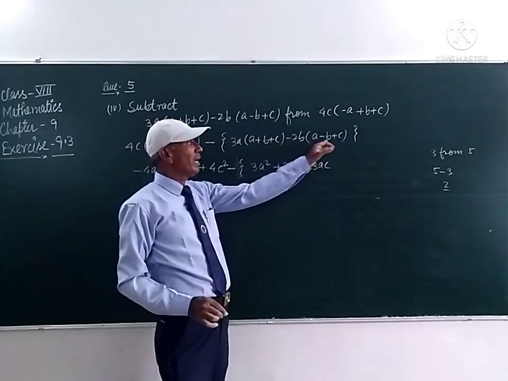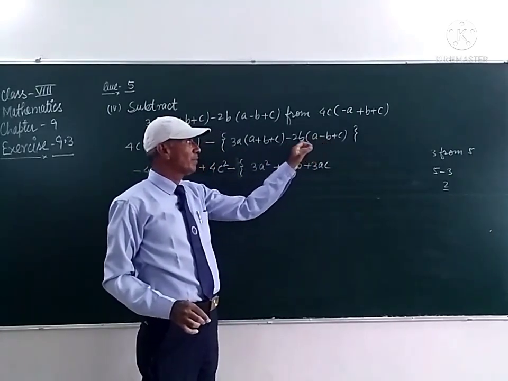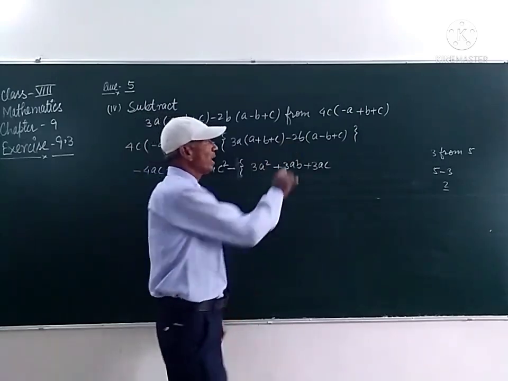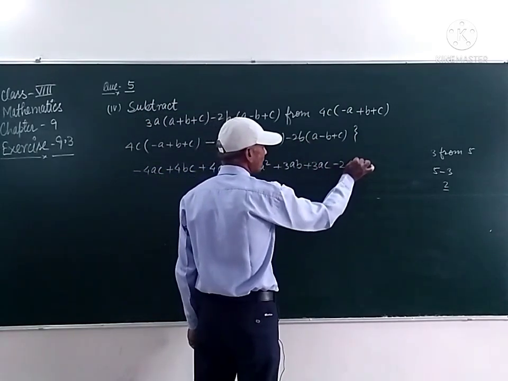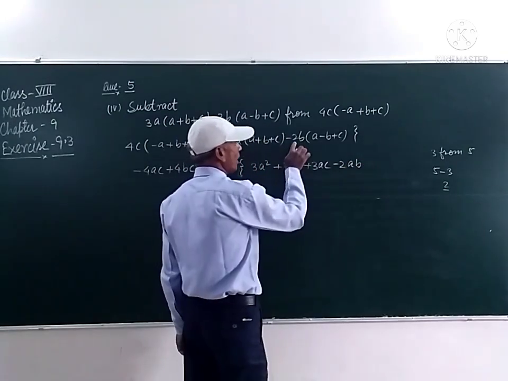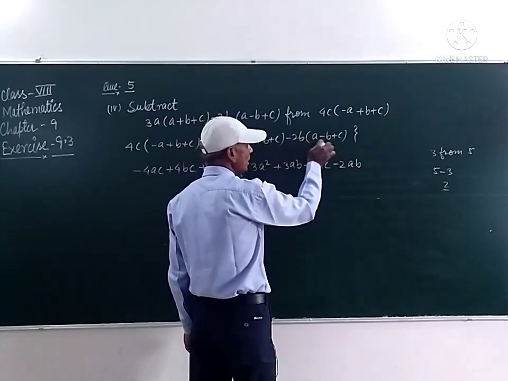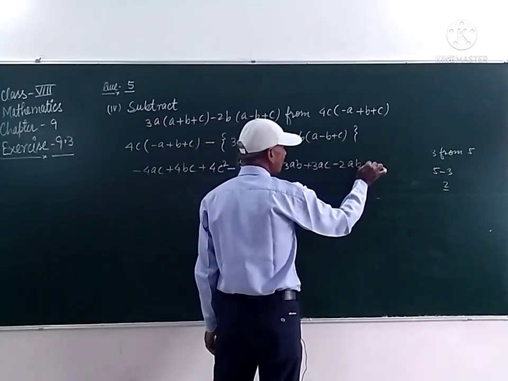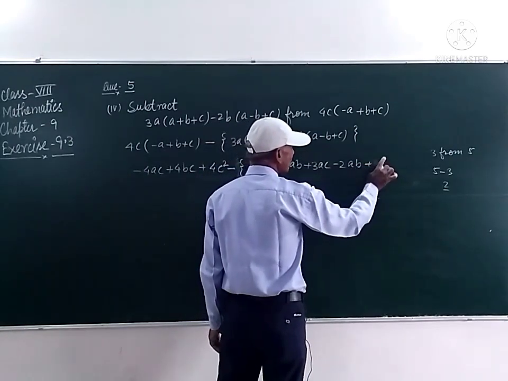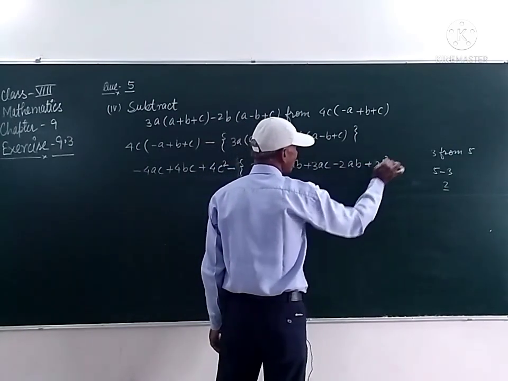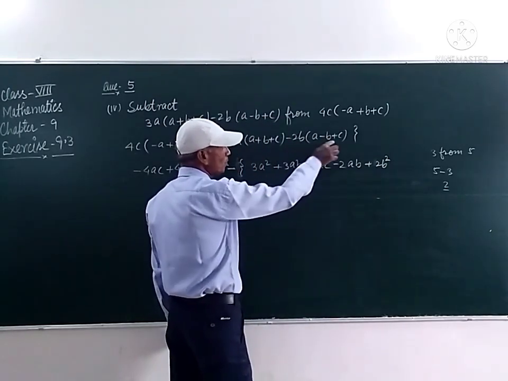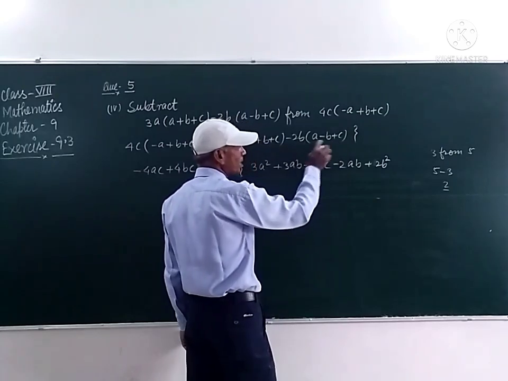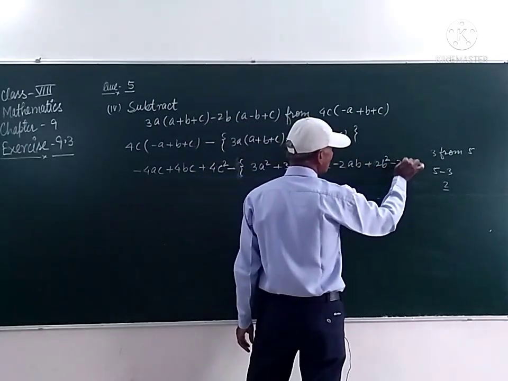Now we have to multiply the numbers in the bracket with minus 2. So minus 2ab, and minus 2 into minus b, it will be plus 2b square, and minus 2b into c, it will be minus 2bc.